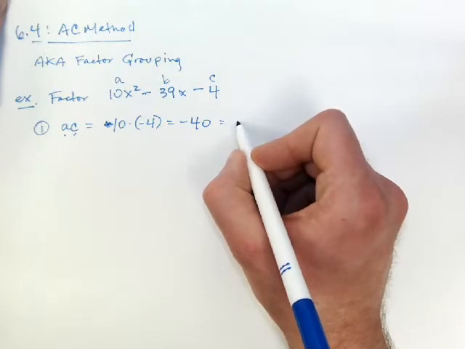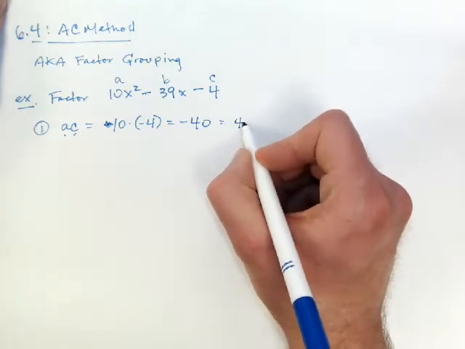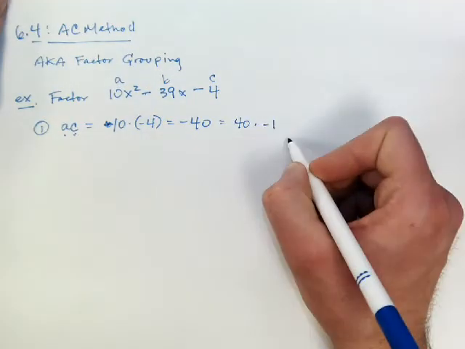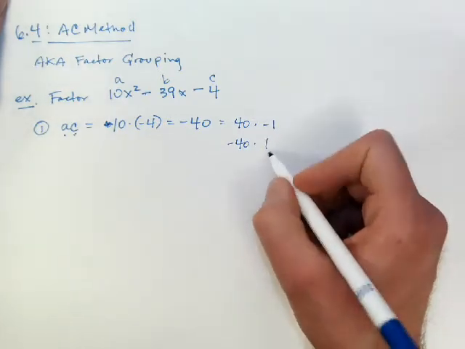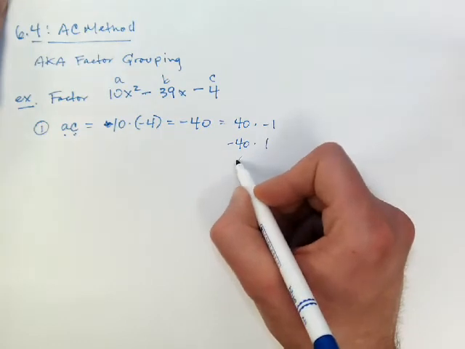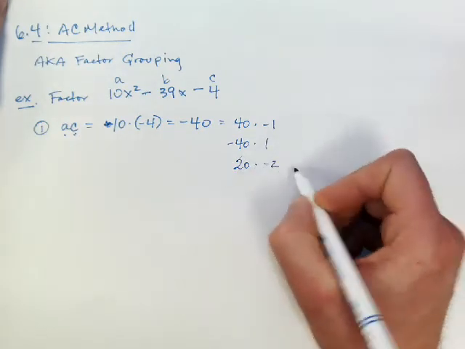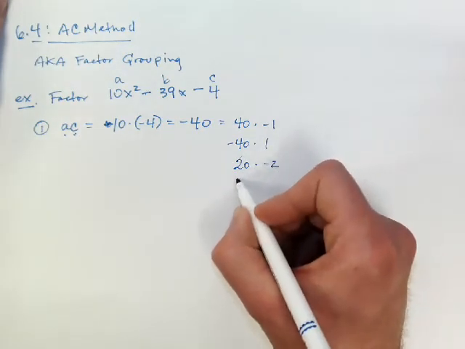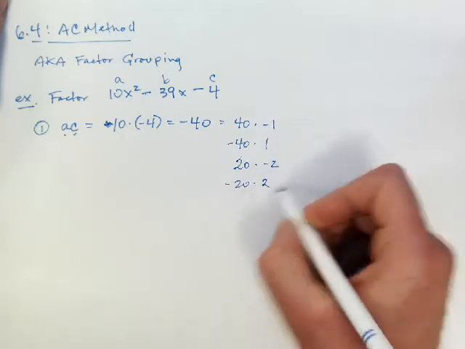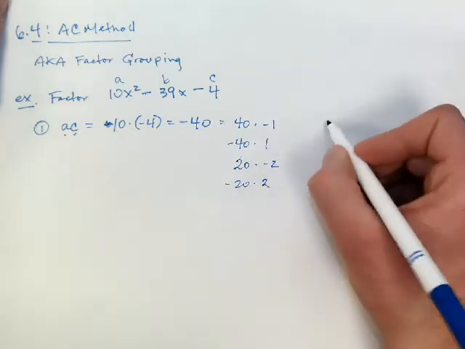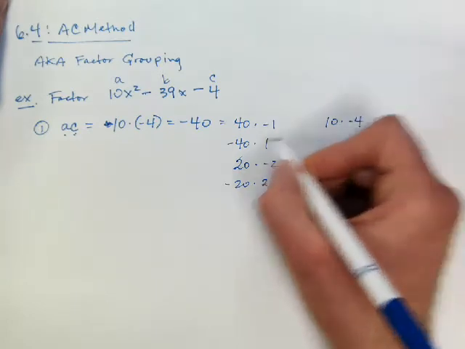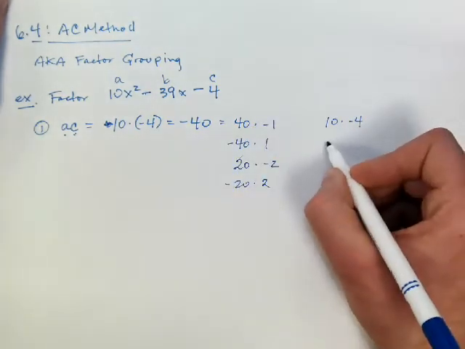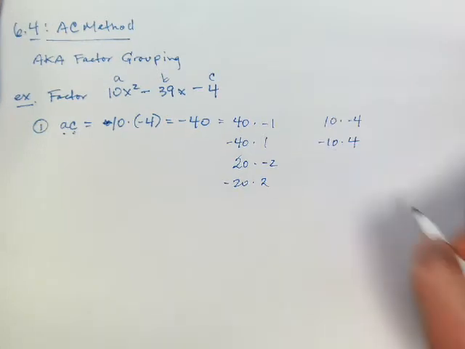Well, it could be 40 times negative 1, negative 40 times 1, maybe 20 times negative 2, negative 20 times 2, 10 times negative 4, well, that's what we started with, and negative 10 times positive 4.